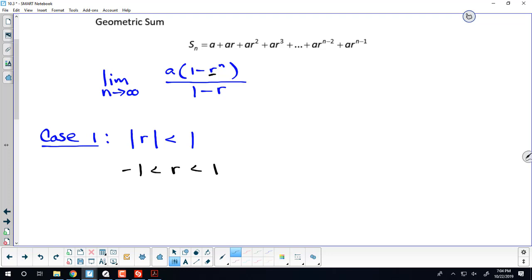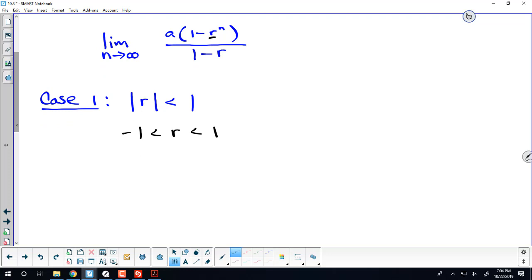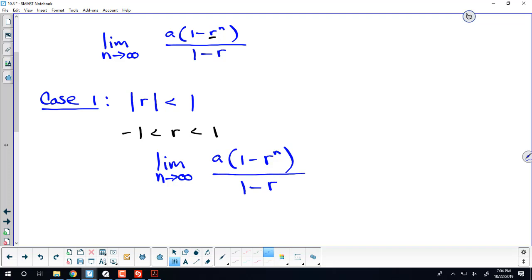If that R is in between 1 and -1, what does R to the n approach or go to? Zero? Do y'all agree? Yes.